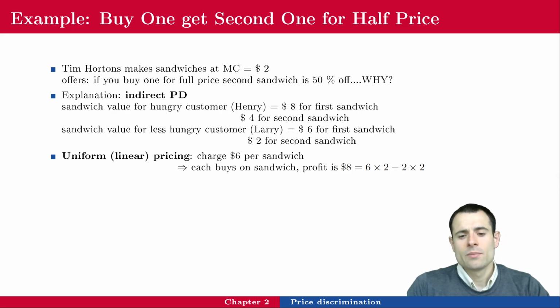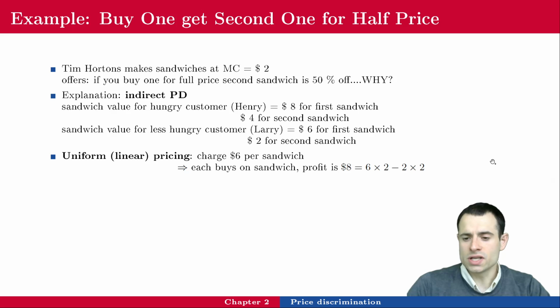Why 6? Because at $6, both customers will buy one sandwich each. The profit will then be 6 times 2, $6 per sandwich, minus the cost of making 2 sandwiches. So 12 minus 4 makes 8.